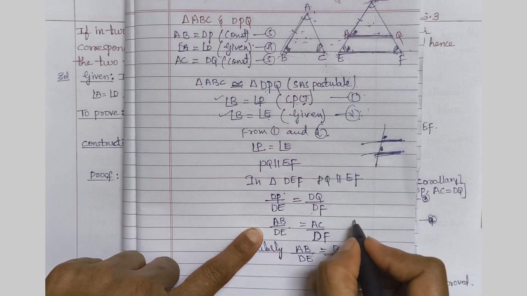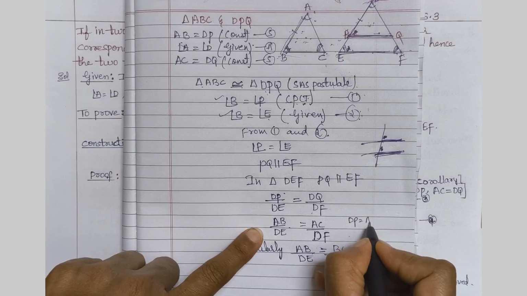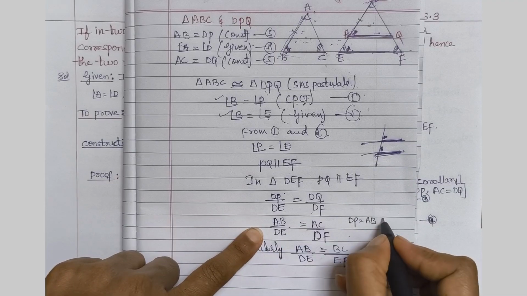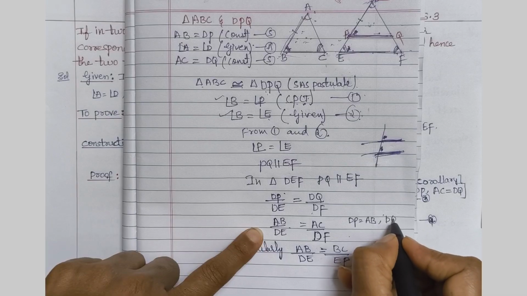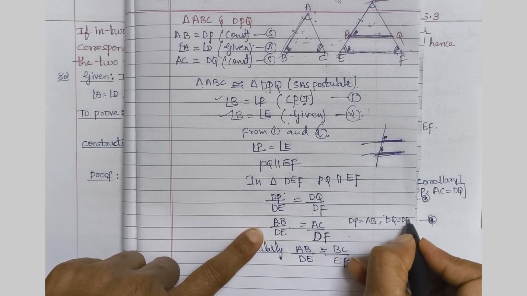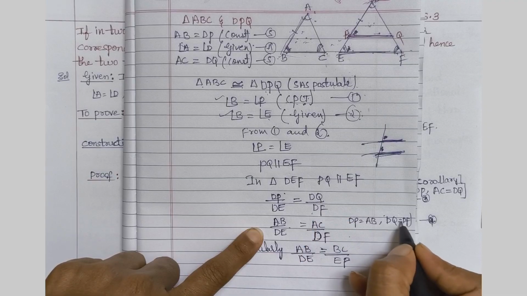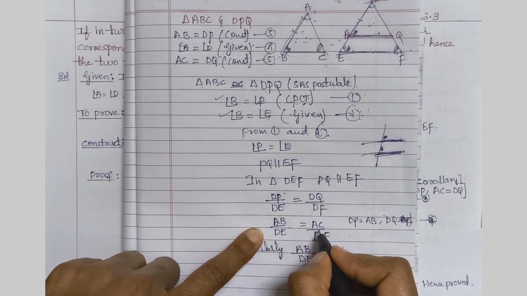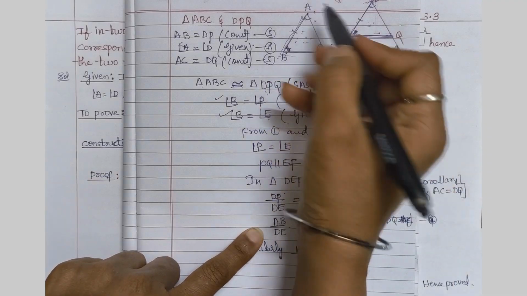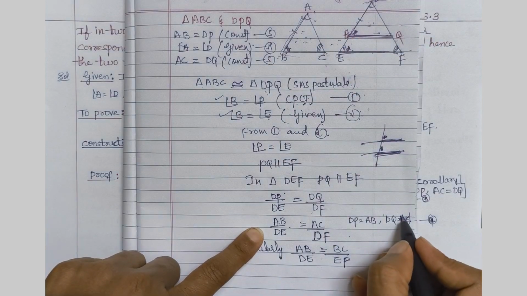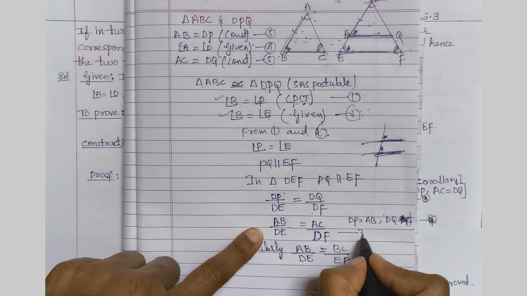See here why we are writing; write the reason also. DP is equal to AB, reason you can write. Next, DQ is equal to AC. You write it. This is the third equation.